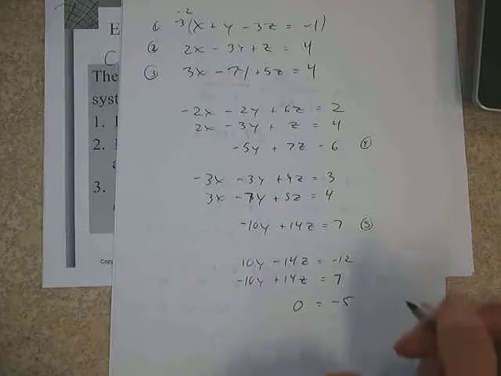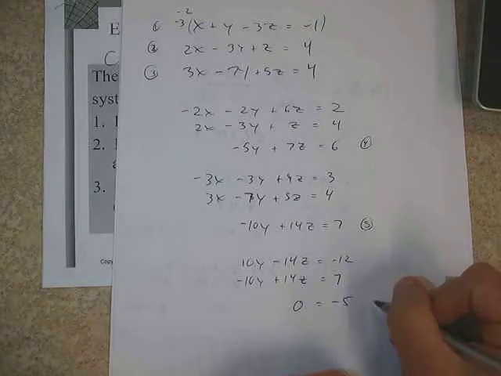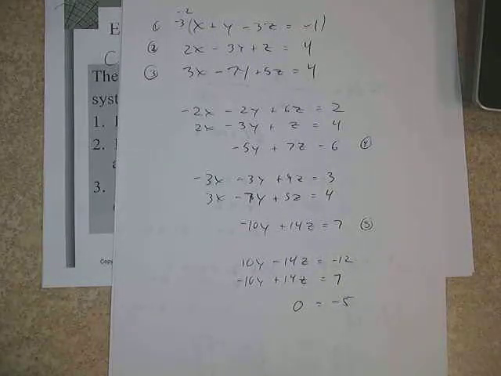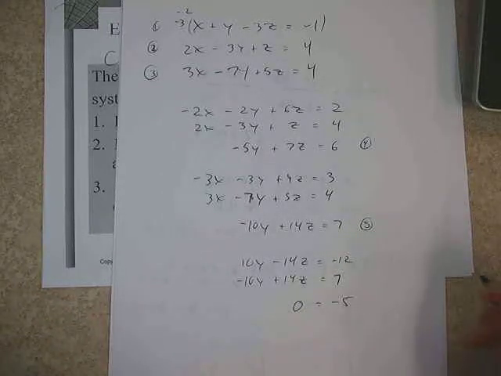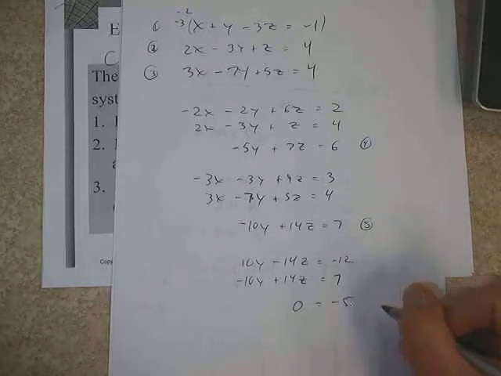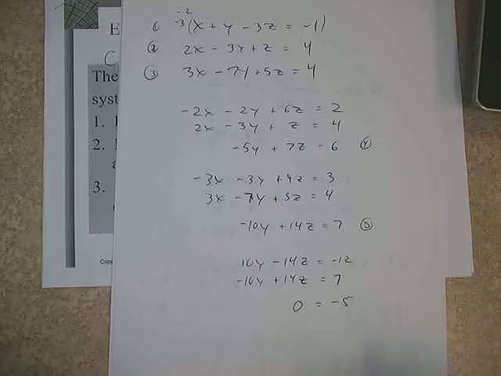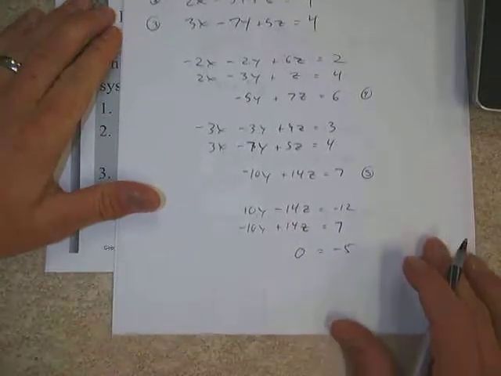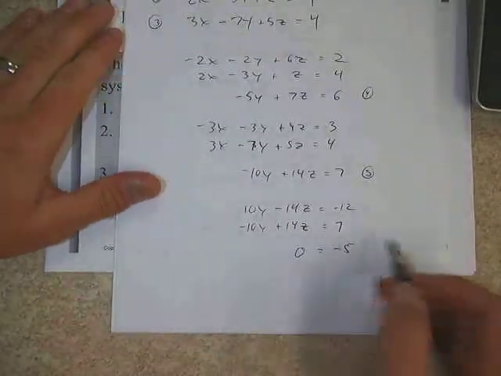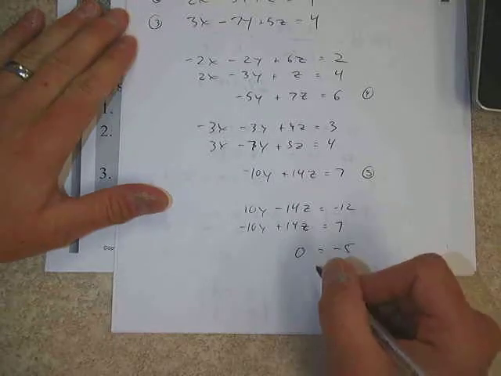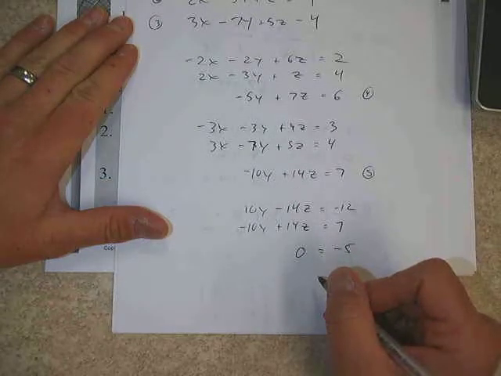And we wind up with a 0 equals -5 situation. And if we have a 0 equals -5 situation, that doesn't work, does it? So when we get down to this point and those letters drop out like that, we have to say that there are how many solutions to this system? Yeah, there are none.